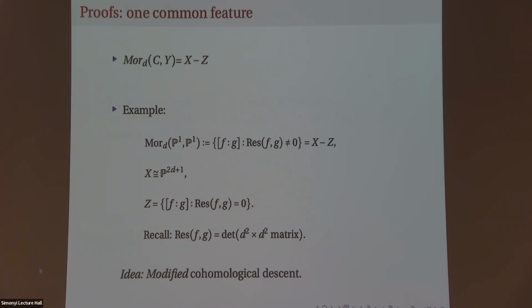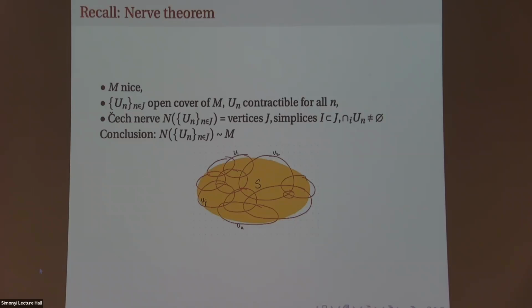So I want to give, for those who haven't seen cohomological descent before, a quick overview of why it helps, or why it's something that can be considered when you have really nasty spaces. Okay, so recall Nerve theorem. M is supposed to be a nice topological space, and you have an open cover where each U_n is contractible.